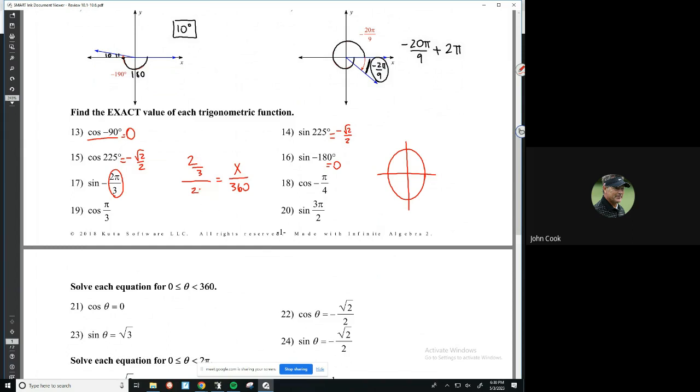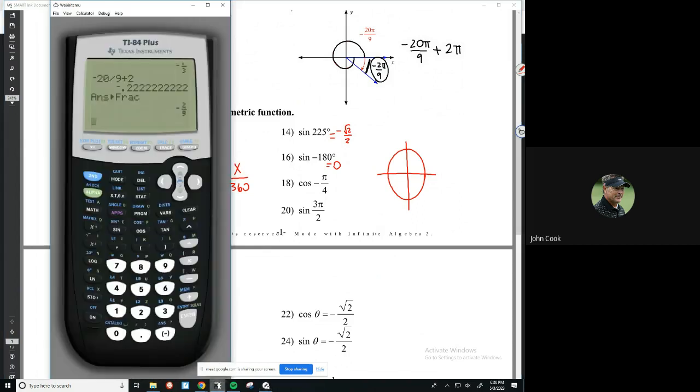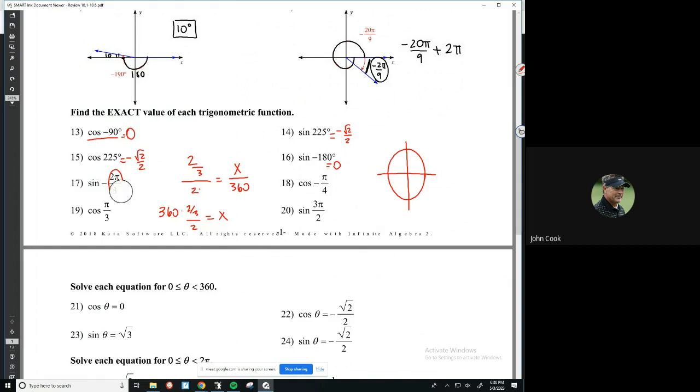And then if I multiply 360 over, I'd get 360 times 2/3 and then divided by 2. So if I use my calculator, let's see what that angle measurement is. So 360 times 2 over 3 and then divided by 2. And I get 120. So this is 120 degrees.